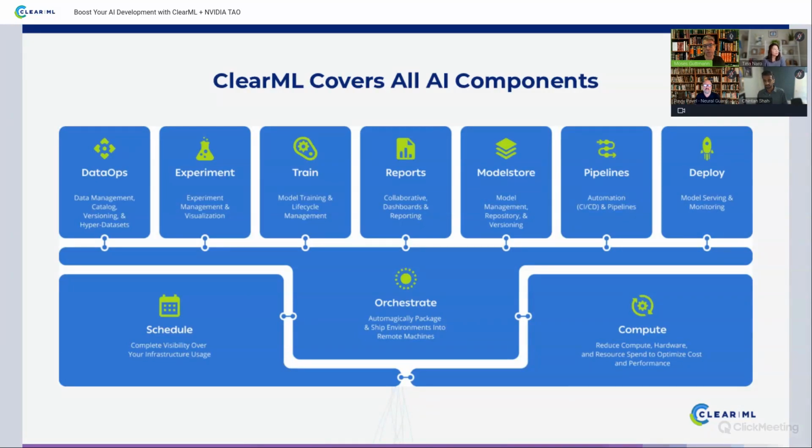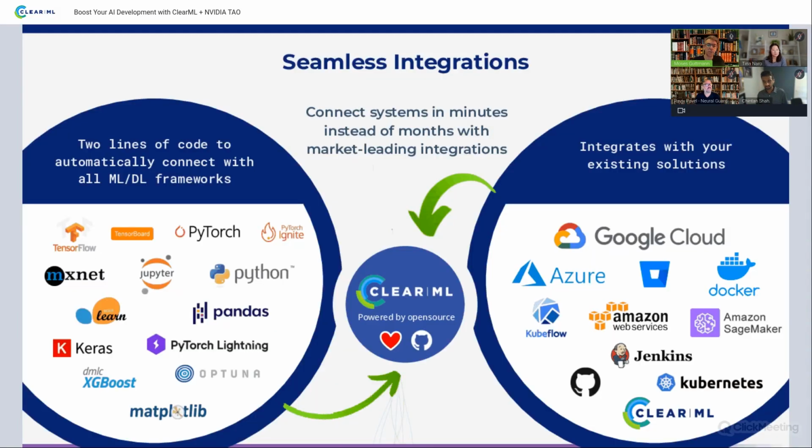Everything, of course, sitting on top of our orchestration solution that fully abstracts compute. So you can do it on bare metal, Kubernetes, cloud, whatever makes sense. The idea behind the ClearML and the NVIDIA TAO integration is making things as seamless as possible. So you guys don't have to worry about integrating the different frameworks into your code.